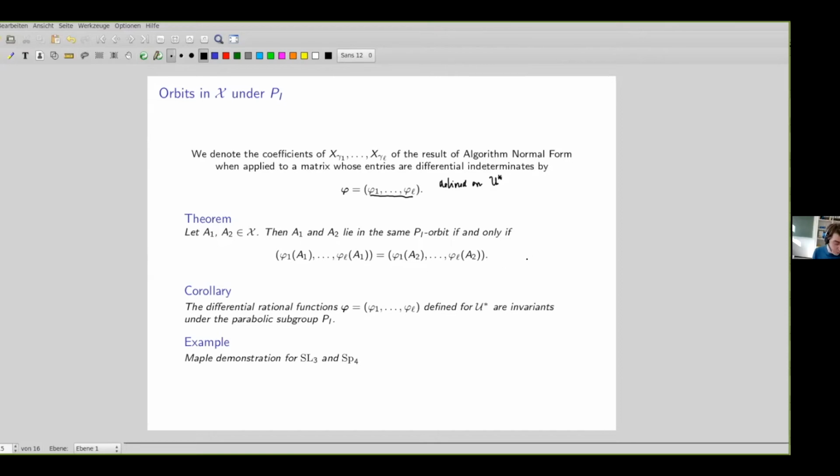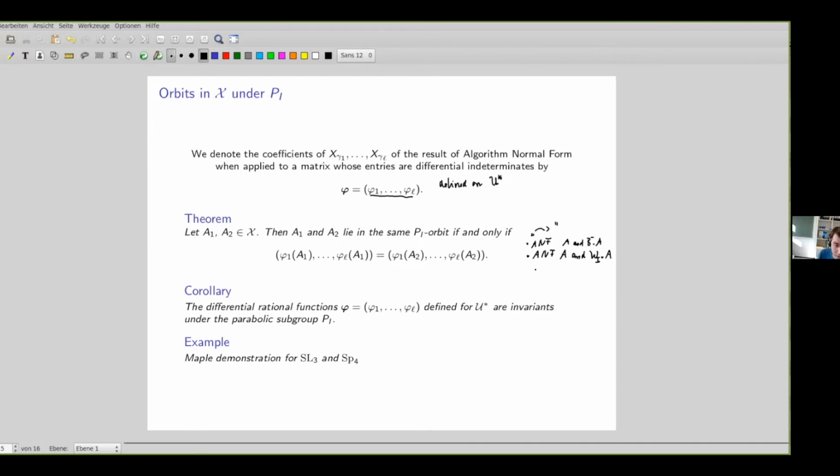How does the proof work? In this direction, you first need to show that our algorithm normal form returns the same normal form for A and for the matrix B dot A. Secondly, you have to show that algorithm normal form returns the same normal form for A and W_I dot A. And then you just put everything together.